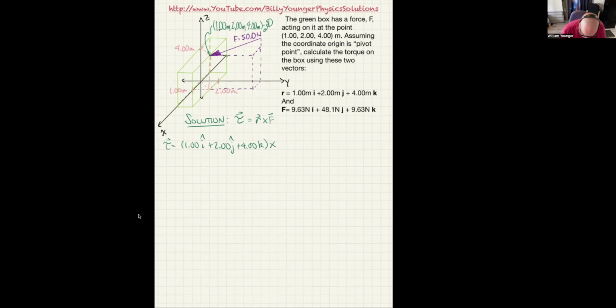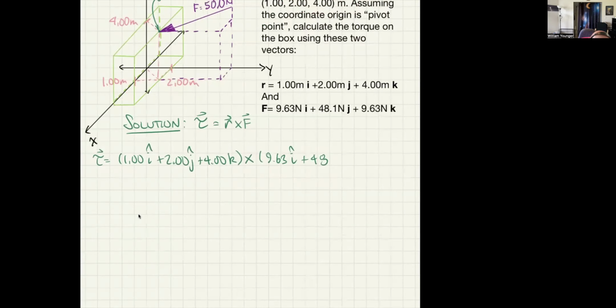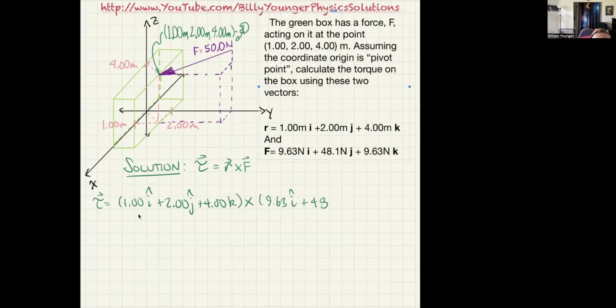Now that's just writing out an r value as a vector. Now I'm going to write out the F value as a vector, 9.63 i hat plus 48.1. Actually, that was supposed to be a negative. Sorry about that, that is an actual typo, everybody. That's supposed to be a negative.